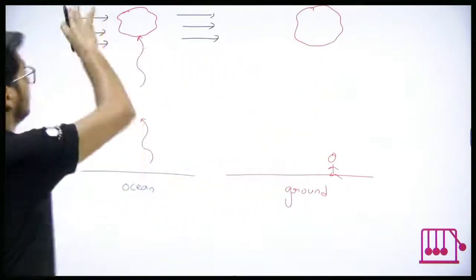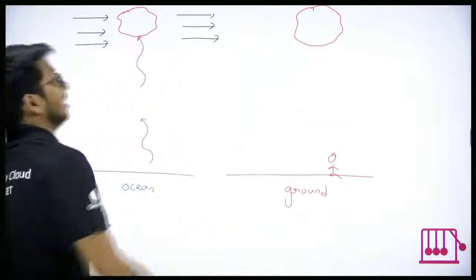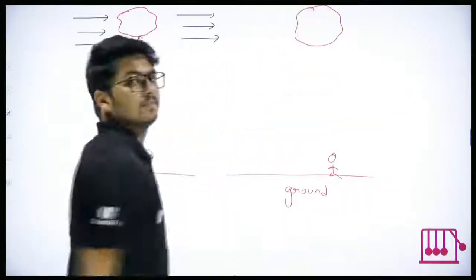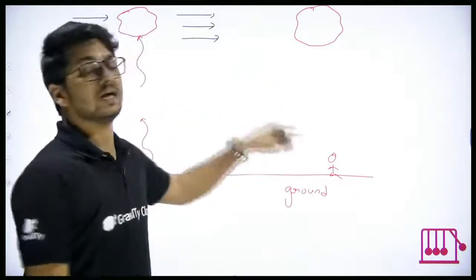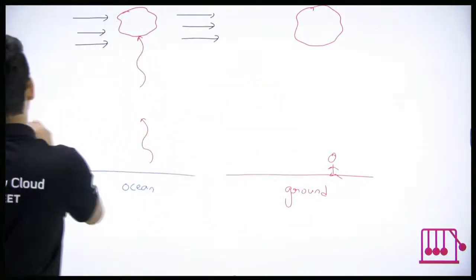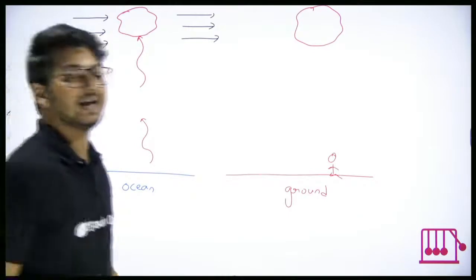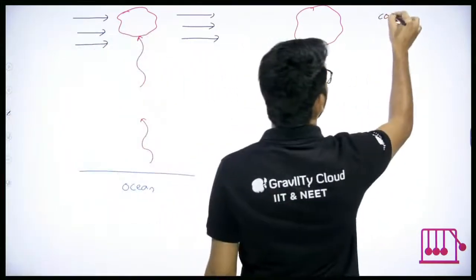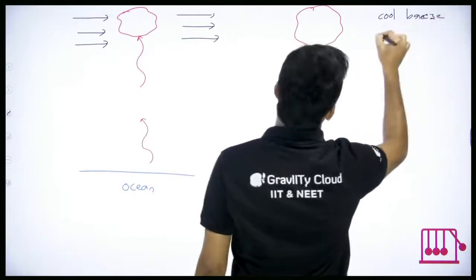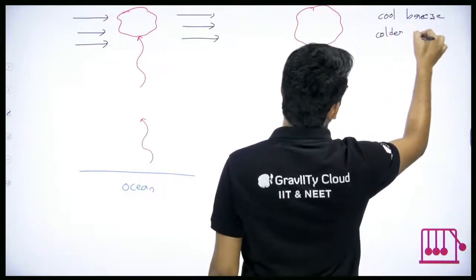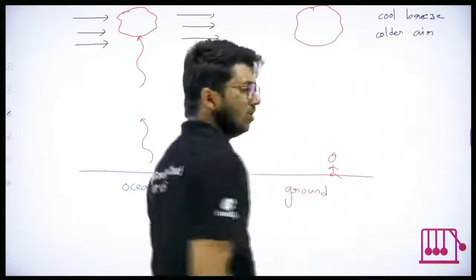Along with the wind. And when the clouds are moving, if they come across much colder air, you can say cool breeze. Breeze is nothing but wind, cool winds, or colder air.